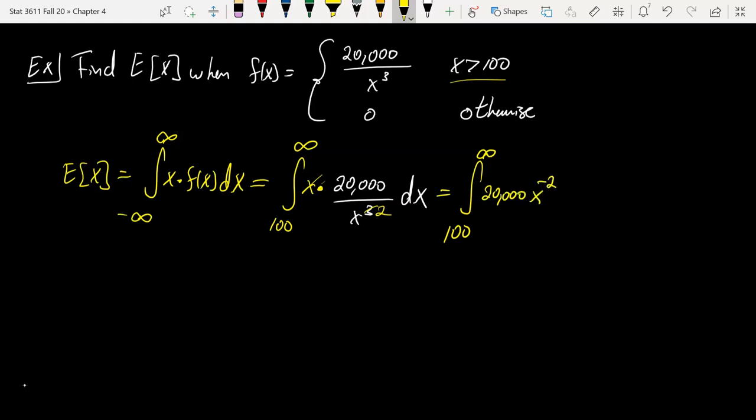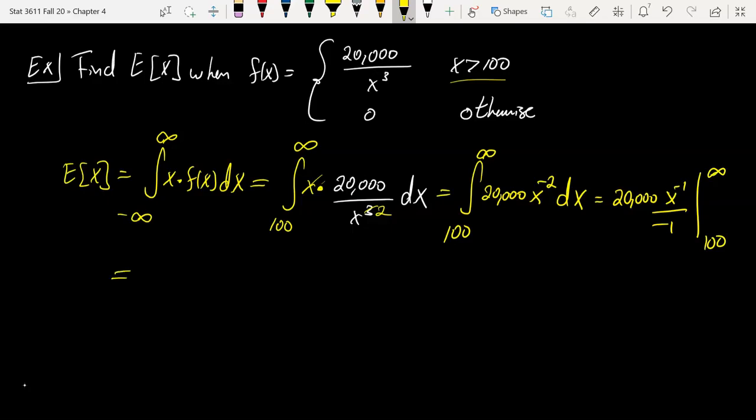In order to set up the integral, I'm going to write that as 20,000 x to the minus 2 dx. Now we can just apply the power rule here on the integration. So this is going to be 20,000, and then increase our exponent by 1 and divide by our new exponent. Evaluate from 100 to infinity.